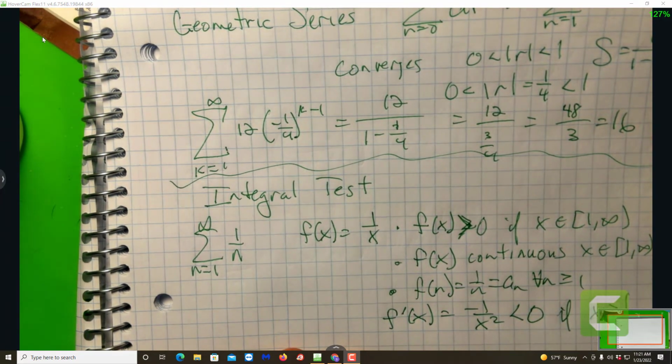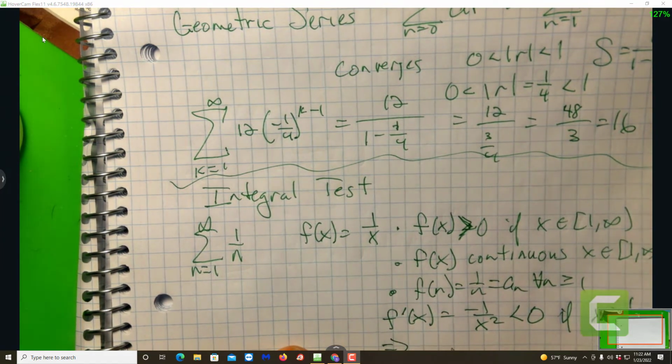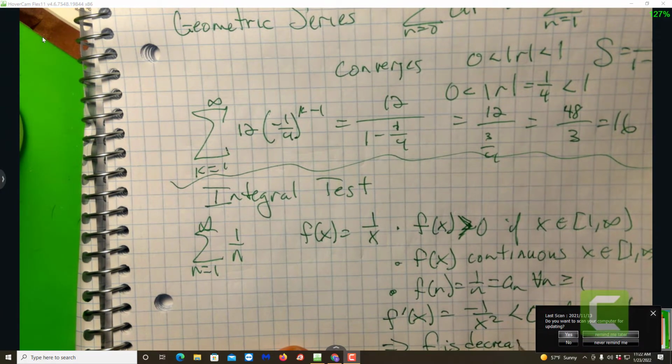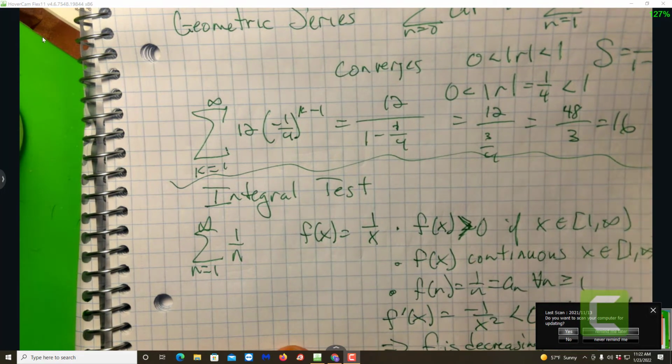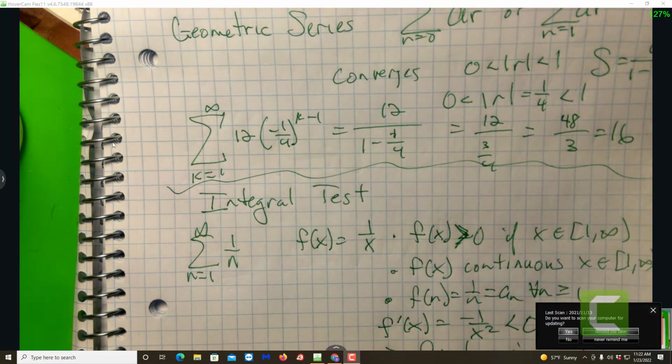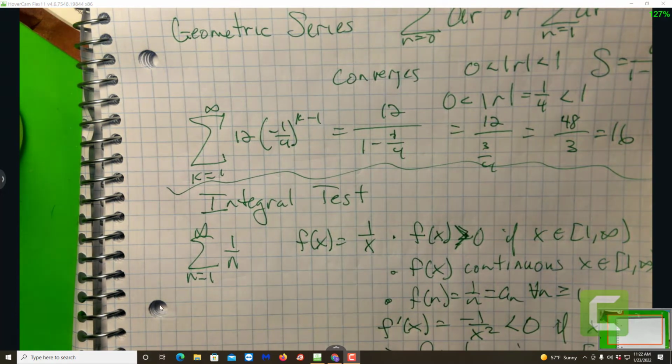Why? If you square a positive number, it's positive, and if you divide a positive number into negative 1, it's negative. So this says f is decreasing on 1 to infinity. Therefore, we've satisfied the hypothesis of the integral test.